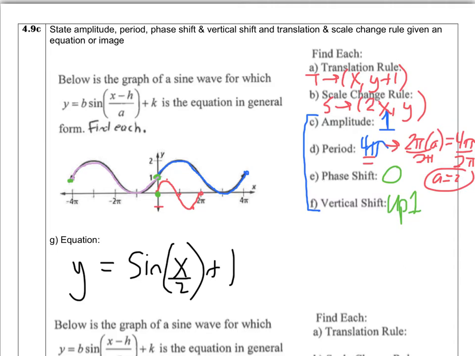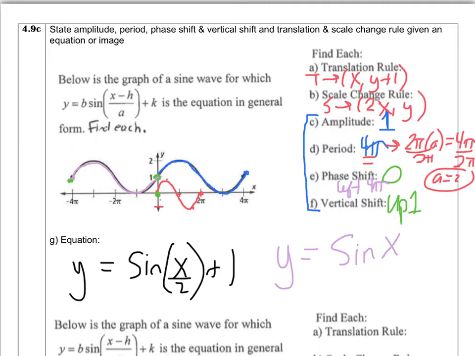So what would happen to this graph is you'd go from this point up 1, and notice we are going left 4 pi. So what you may have said is that the phase shift was left 4 pi. So if you did that, what the equation would look like is slightly different. You would still have your parent function. Let's start with that.